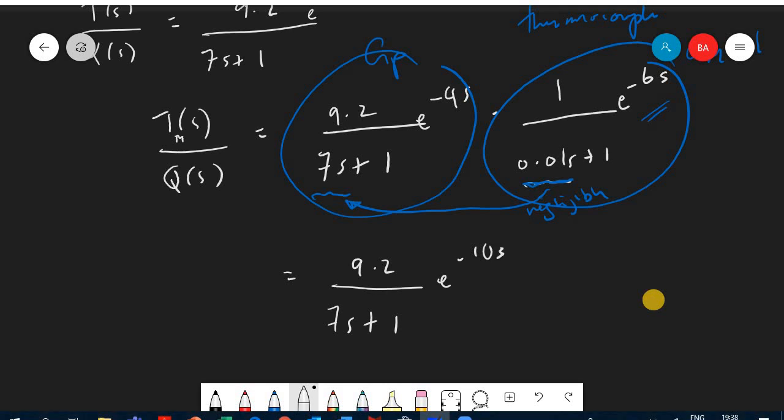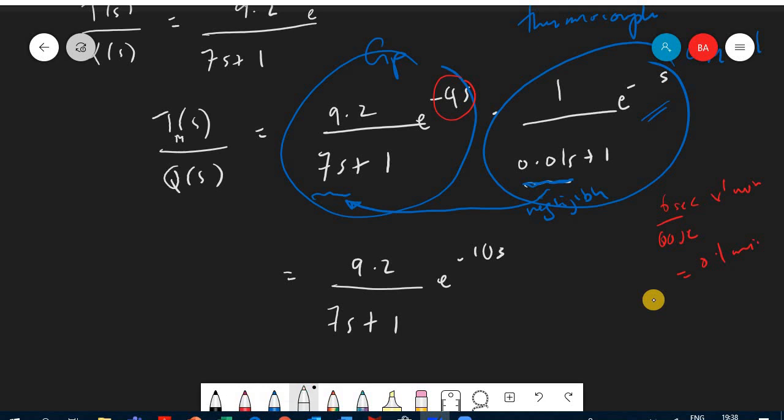There's only one thing that I need to fix here: instead of e to the power minus 6s, everything was in minutes except that the 6 was in seconds. So I'm going to remove the 6 and say it's 6 seconds, 6 seconds over 60 seconds per minute, which is equal to 0.1 minutes.